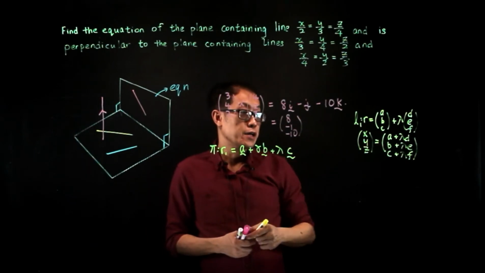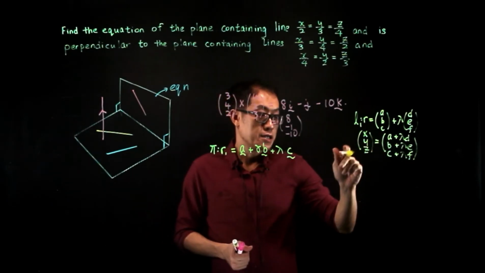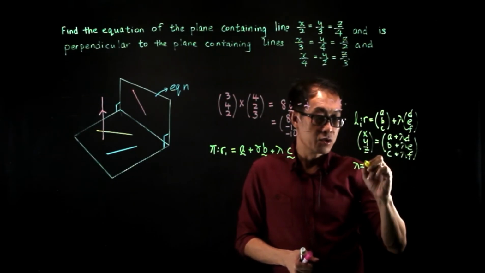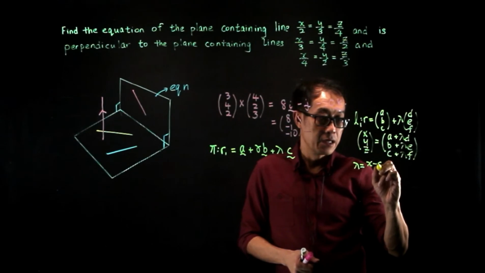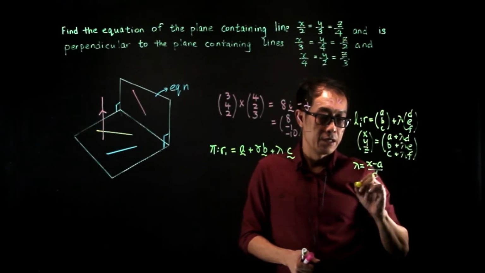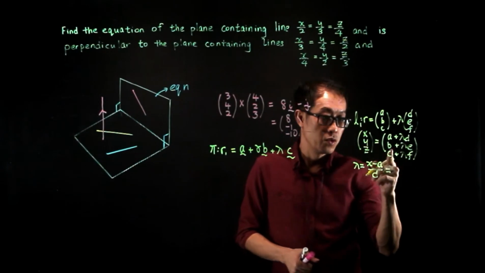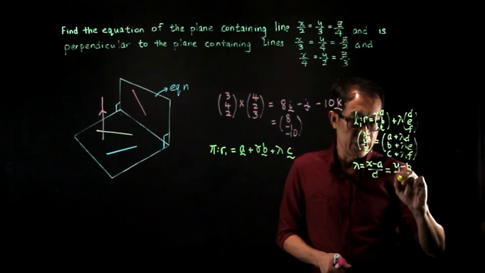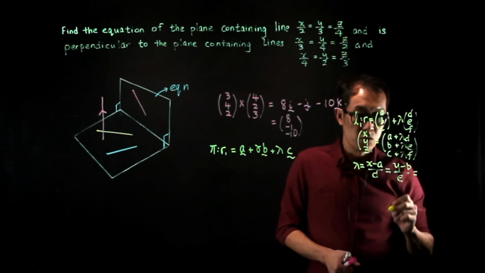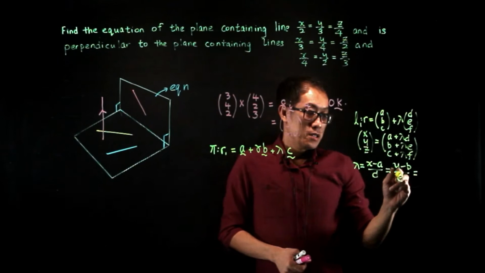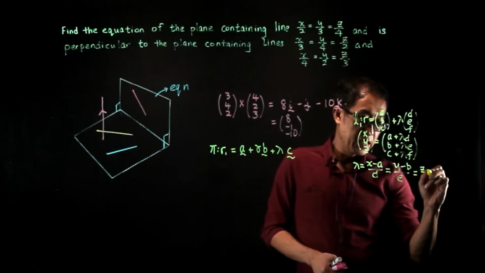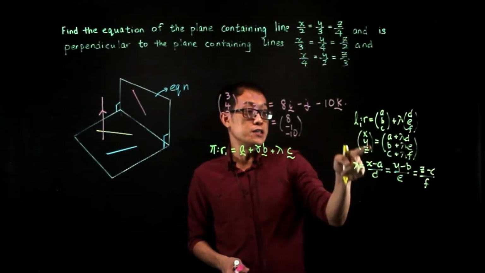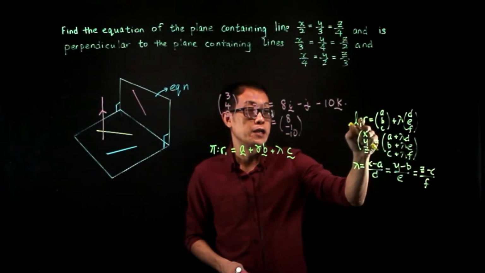Now, if I make lambda the subject of the formula for each of the components, then I have lambda equals x minus A over D, which is equal to y minus B over E, and that is equal to z minus C over F. Alright, so you see that right over here, A, B, C is a point that is on the line.